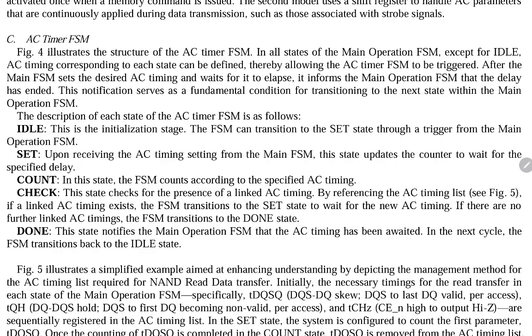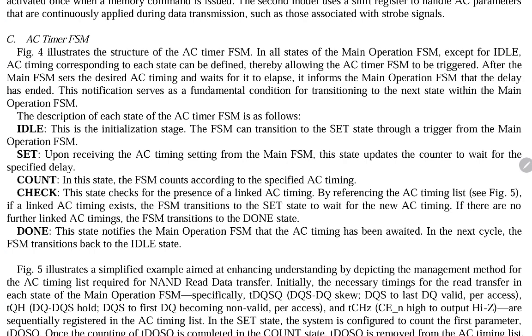Set: upon receiving the AC timing setting from the main FSM, the state updates the counter to wait for the specified delay. Count: in this state the FSM counts according to the specified AC timing. Check: this state checks the presence of a linked AC timing by referencing the AC timing list, figure 5.